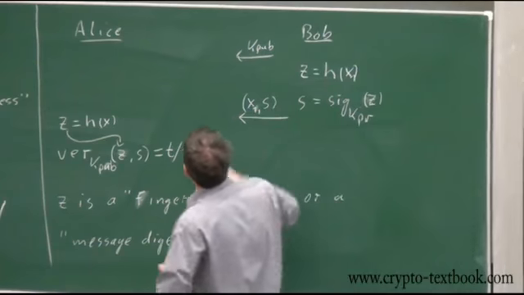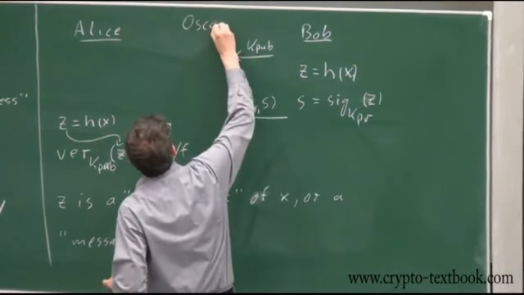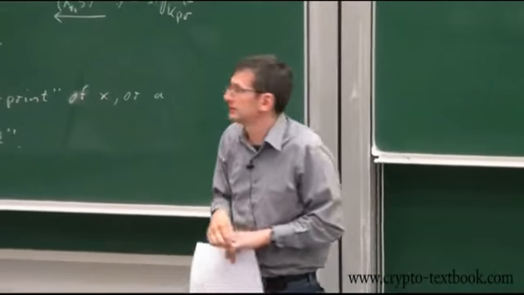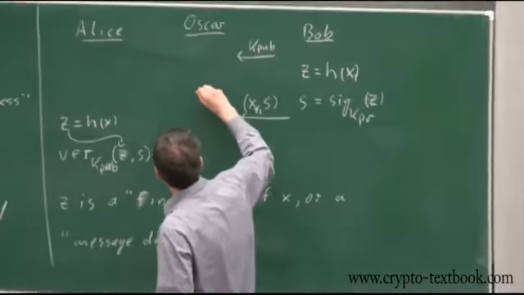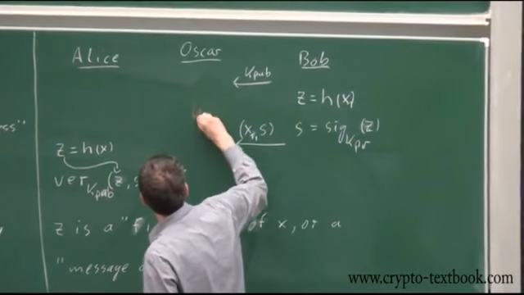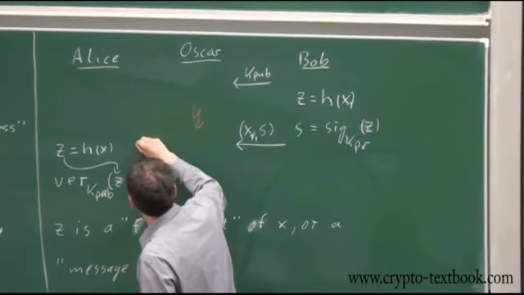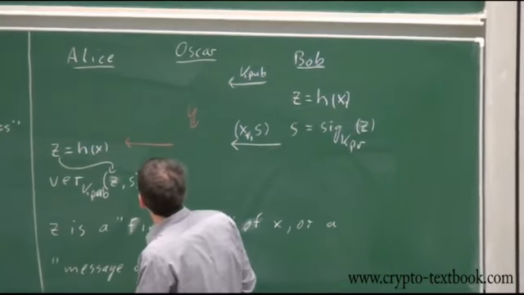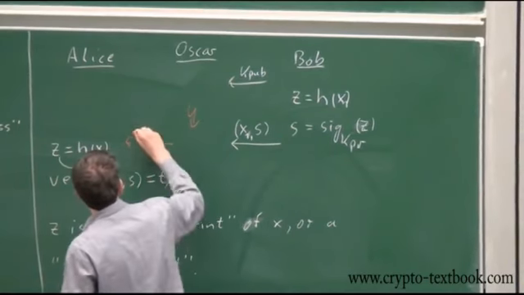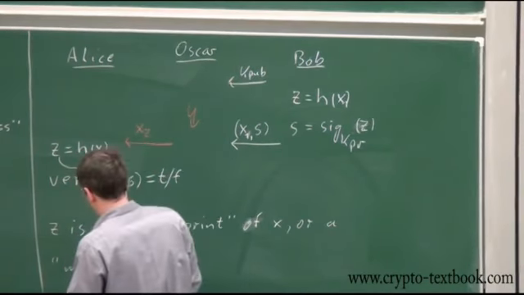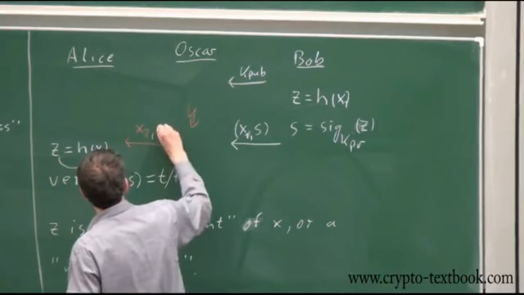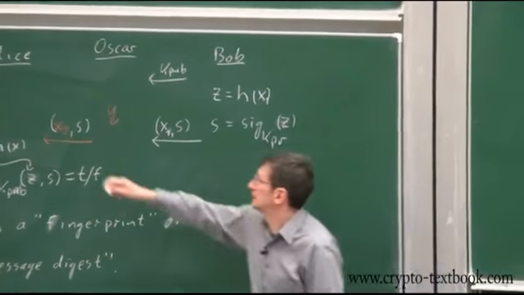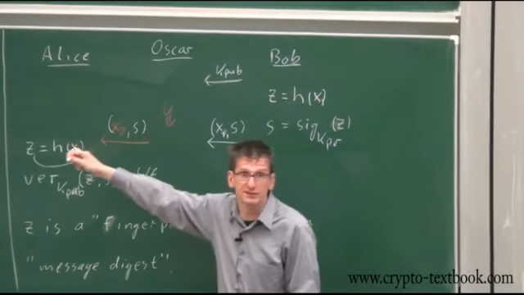Now Oscar, the bad guy, hacking somehow in the internet backbone, what he's doing here is he replaces that message by x2, S. Okay? This is 10,000 euros. That's a faked one, right?